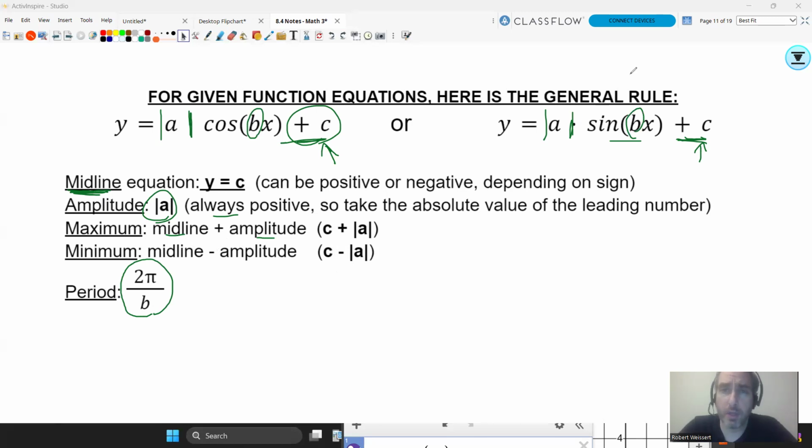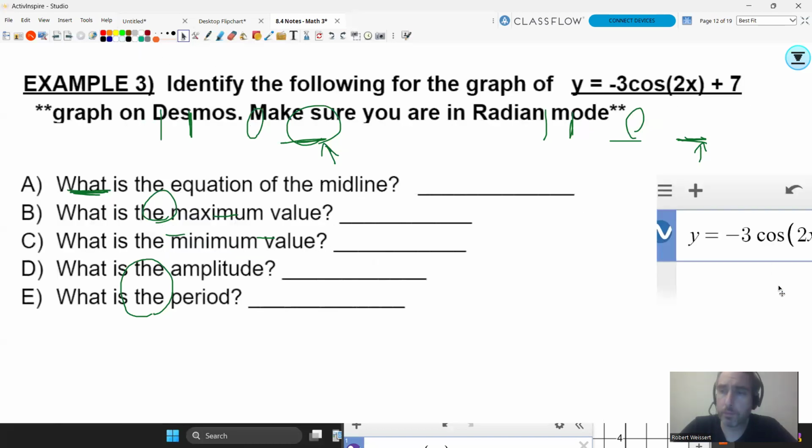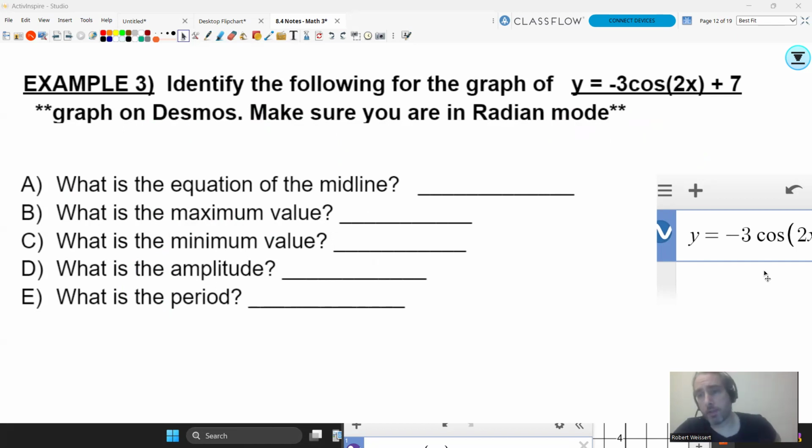So let's put it all together here, and let's take a look at the next function. You're going to want to graph this one. So make sure you're in radian mode and graph y equals -3 cosine 2x, close the parentheses, and add 7 at the end.